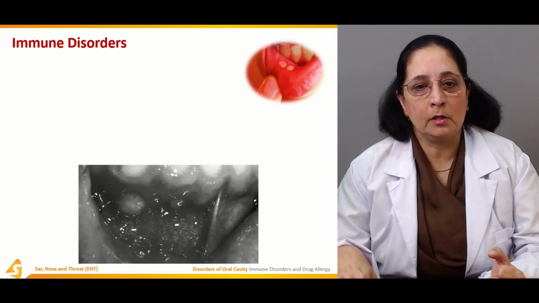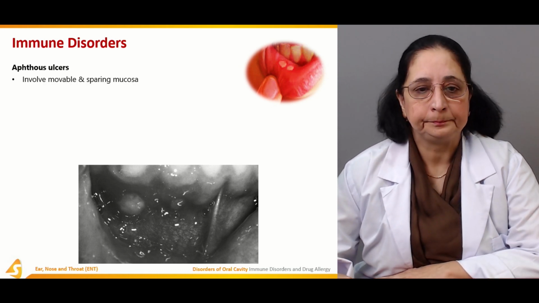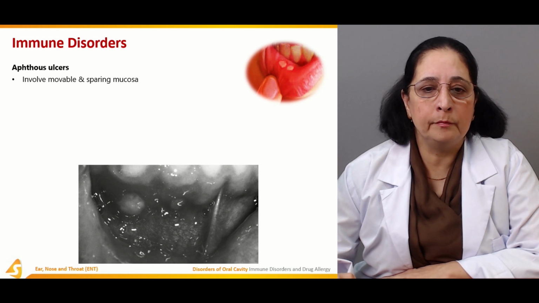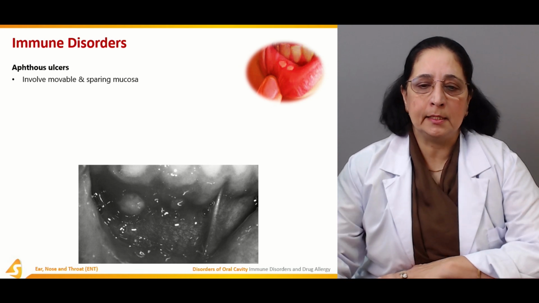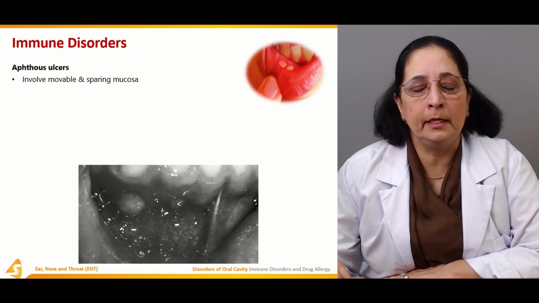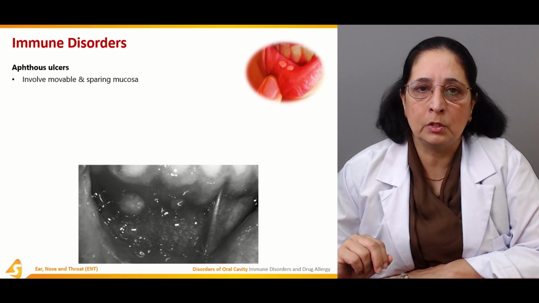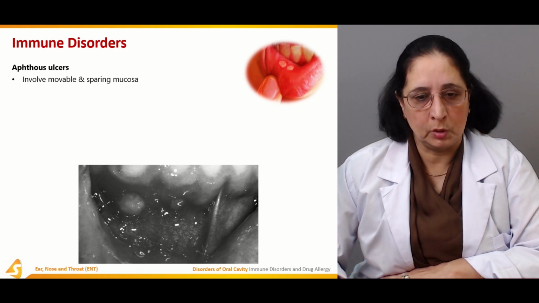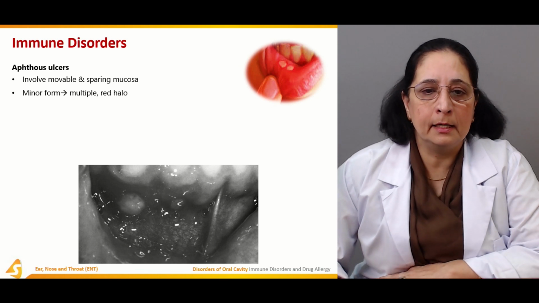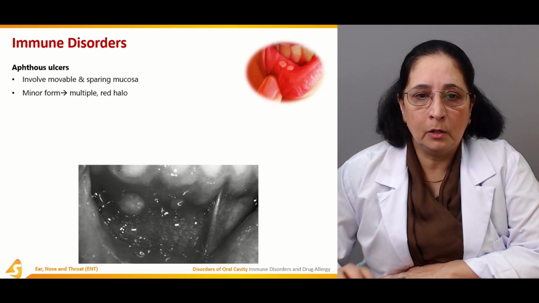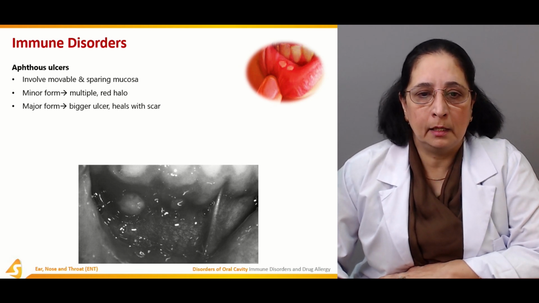So immune disorders can cause aphthous ulcer, which involves the movable mucosa and spares the fixed mucosa. In the minor form, we usually have multiple small red hollow lesions or ulcers.